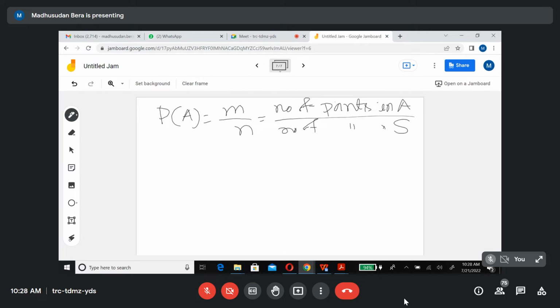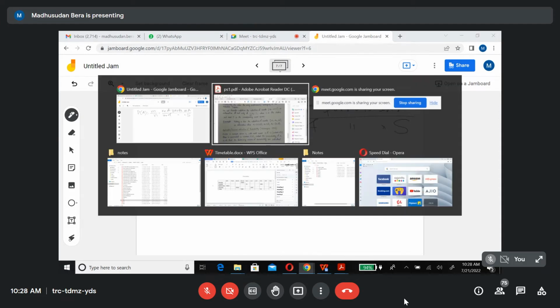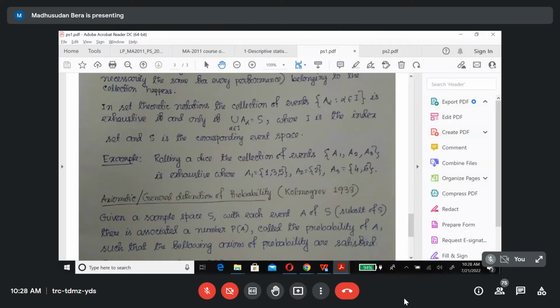Suppose from the set of integers, you are choosing even integers. What is the probability? Half. But infinity by infinity is not defined. So that's why we need a general definition or axiomatic definition of probability. That was given by Kolmogorov in 1933.